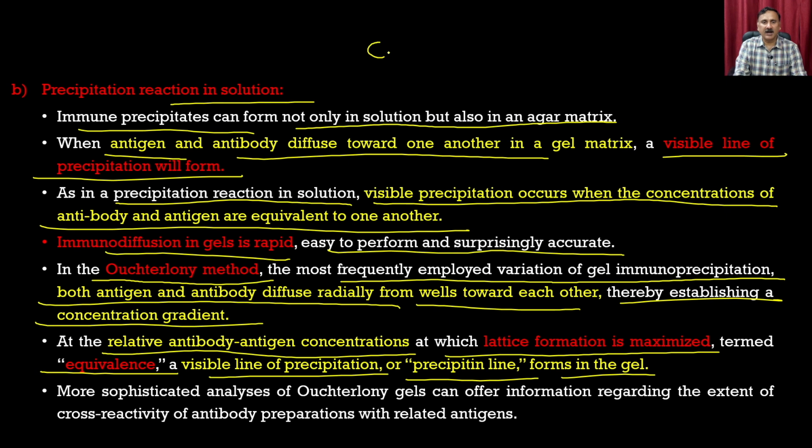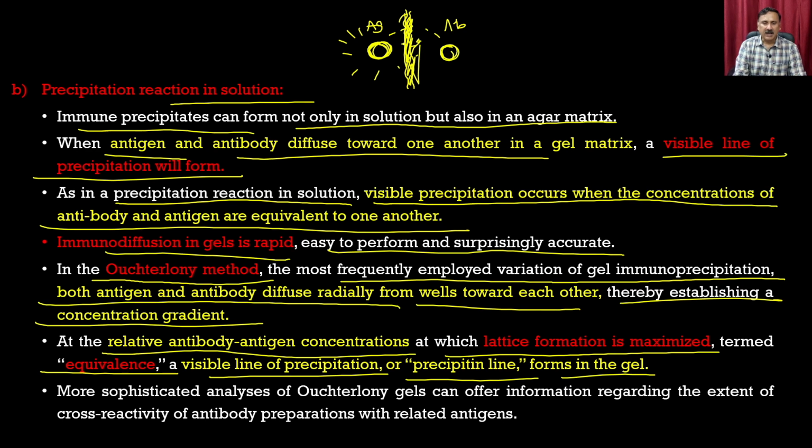So basically, suppose you have two wells, right? If in one of the wells you put the antigen and in the other the antibody, they both are going to diffuse into the agar, and they both will interact, and as a result they are going to precipitate at the center, right? So they give you the line of precipitant.